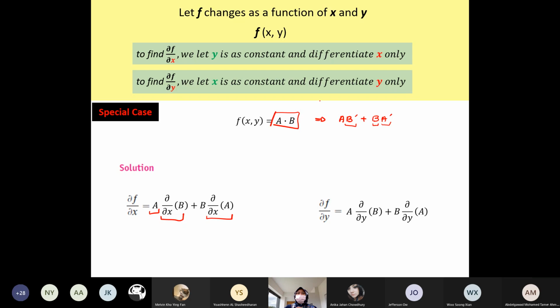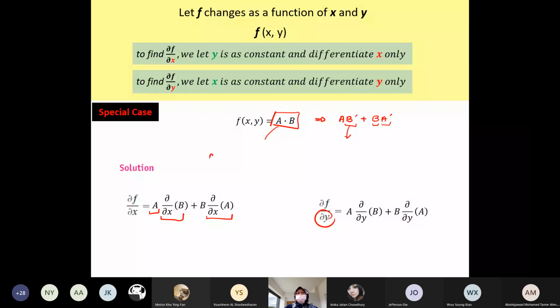Okay, so if you want to find the differentiation with respect to Y, you just change the differentiation to Y. This is the same form. You differentiate whatever your function of B has. So let's say X here.